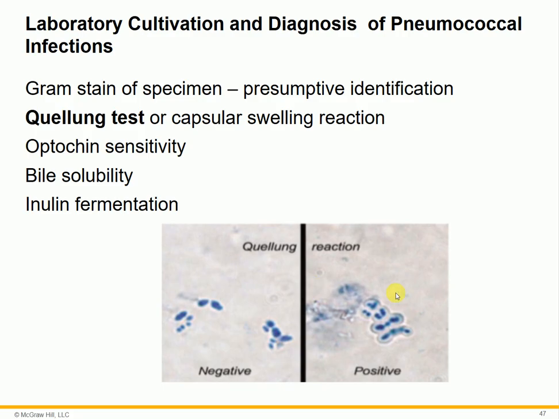So here, for example, this is a positive test, and you can see that the capsule is found around the pneumococcus. That is a positive quellung reaction, and it is diagnostic for pneumococcal infections. While here you do not see the capsule, and this is a negative result. So that could be maybe a different kind of strep.